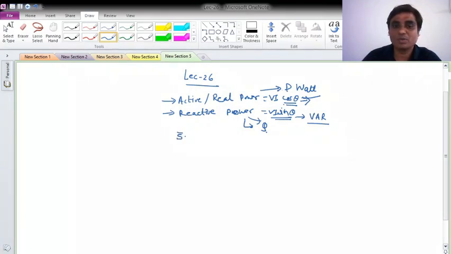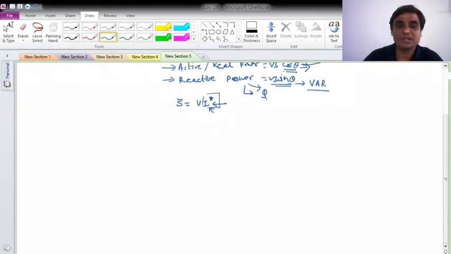In order to compute the complex power, we compute V I complex conjugate, and we have seen why we need to do V I asterisk.